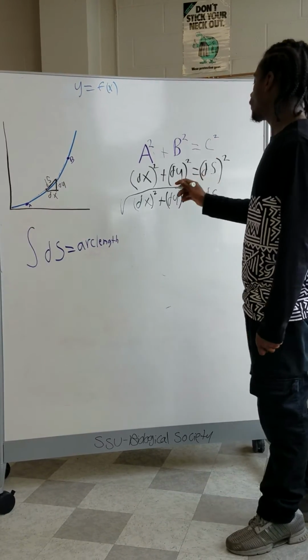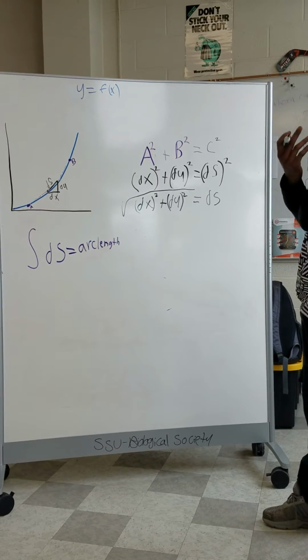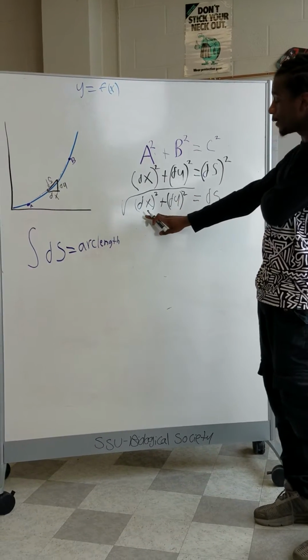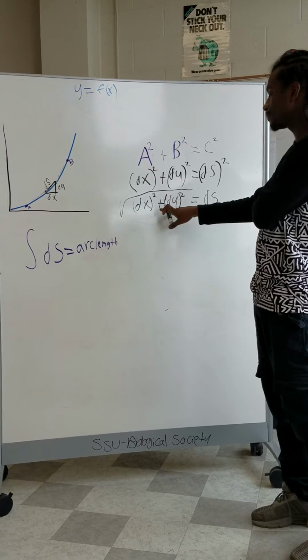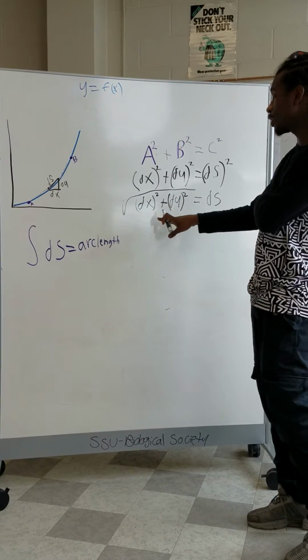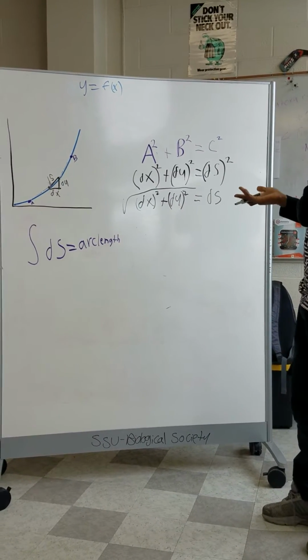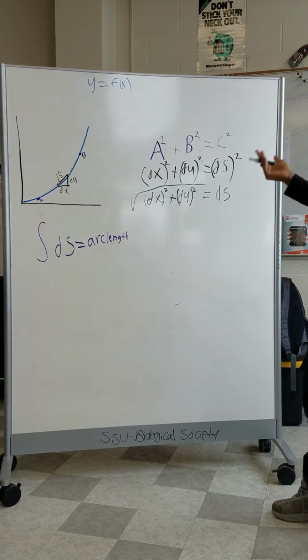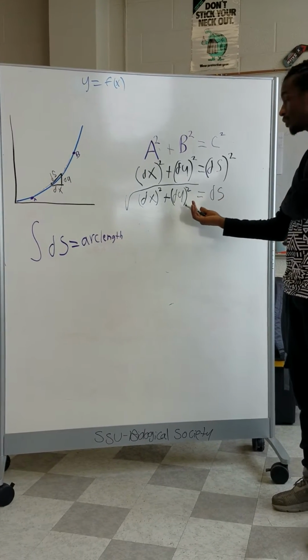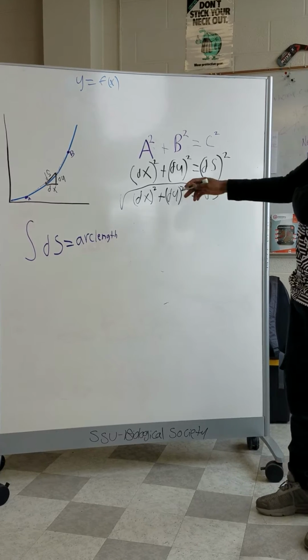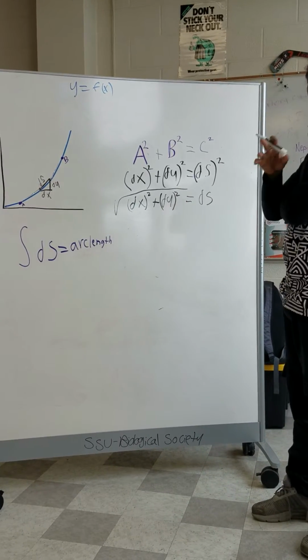So, what could we do here? What I'm going to do is pull out the dx squared from both dx squared and dy squared. Now, you might be asking, how are you going to pull out a dx squared from dy squared? There's inherently a dx squared within this dy squared, and I'll show you in a moment.